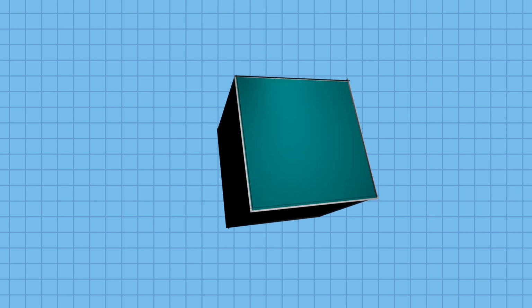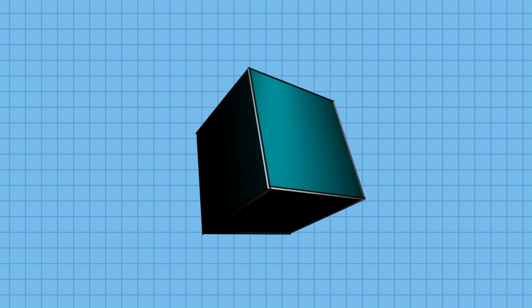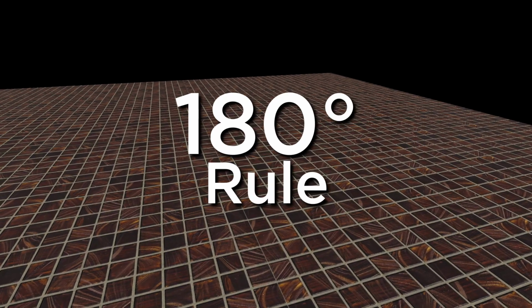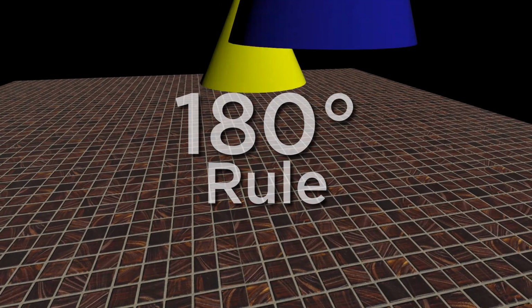So that is a skill that helps you when you're editing, because there are spatial relationships that you have to be aware of. You can learn them, but you may have heard of the 180-degree rule, which is an invisible line in a scene.